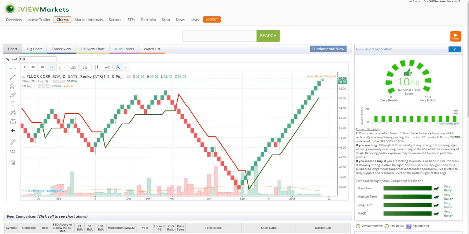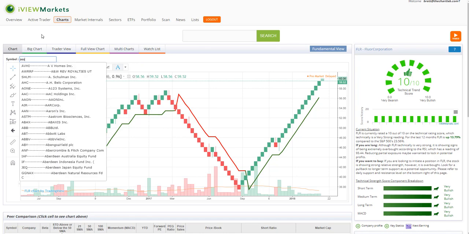In terms of trend following, you let your winners ride, and the losers you sell as they break below the Renko. It's really that simple. And it's a much different strategy than buying and holding based on fundamentals, which is longer term.